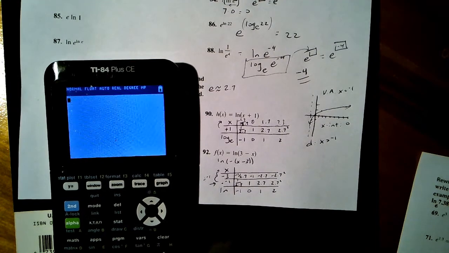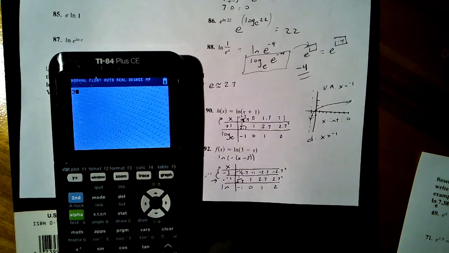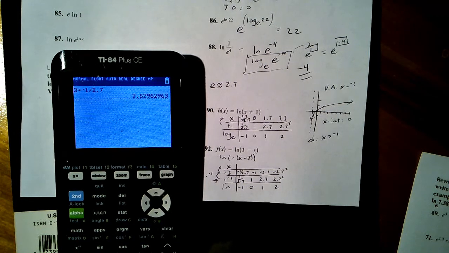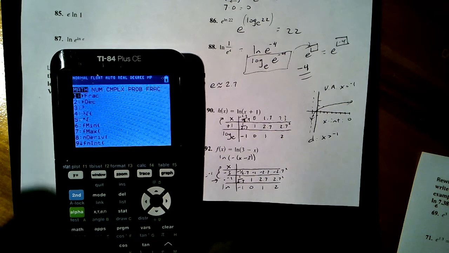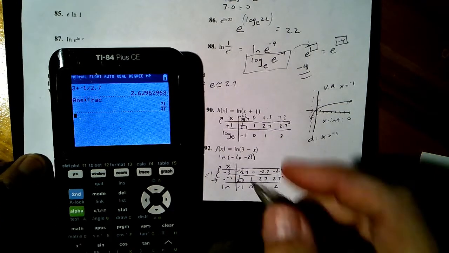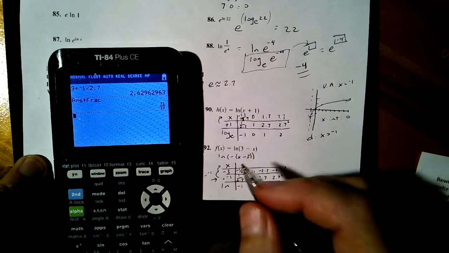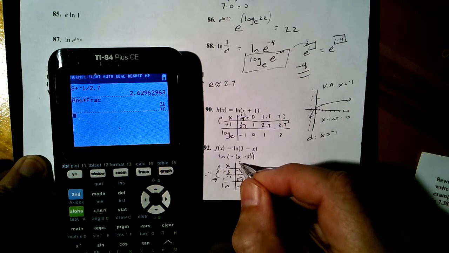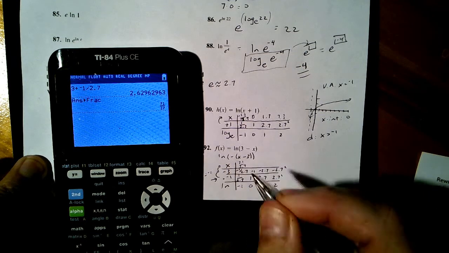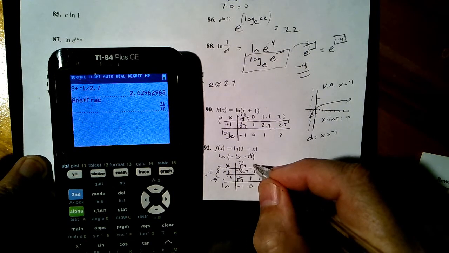Just going to be lazy. 3 plus -1 on 2.7. Really being lazy. 7.1 on 2.7. I need to add 3.